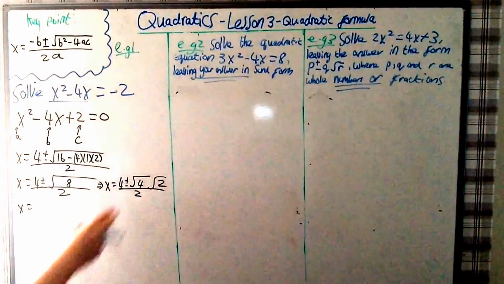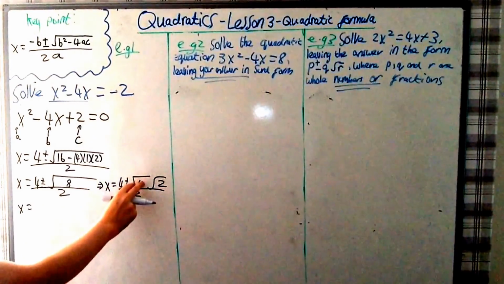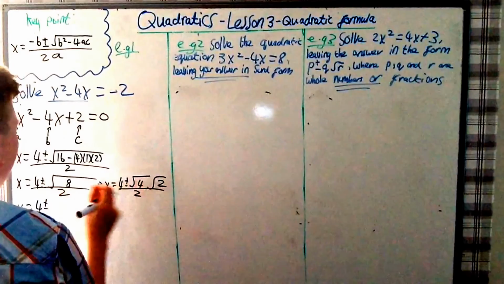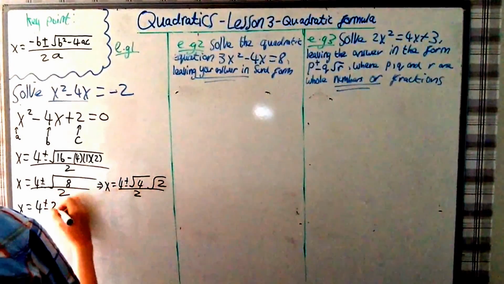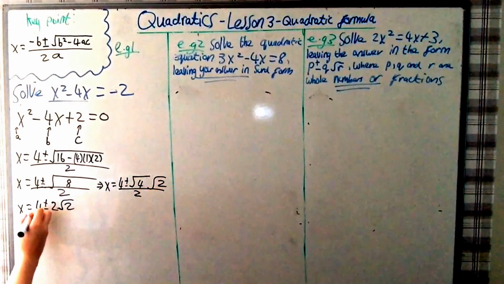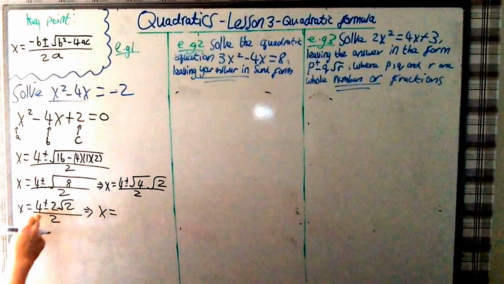Now, root 4 is a squared number. 4 is a squared number, so this is going to become 2. Okay, root 4 is just 2. So we can make this 2 multiplied by root 2. This is how we write it, 2 root 2, all over 2.